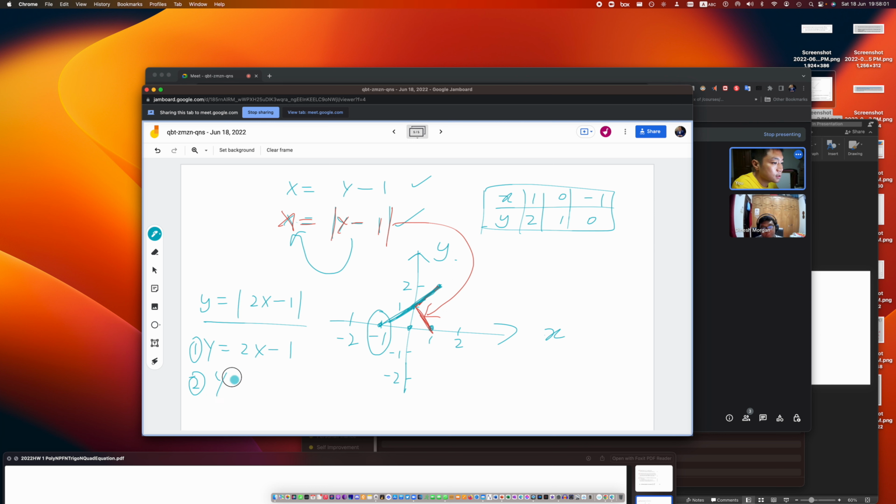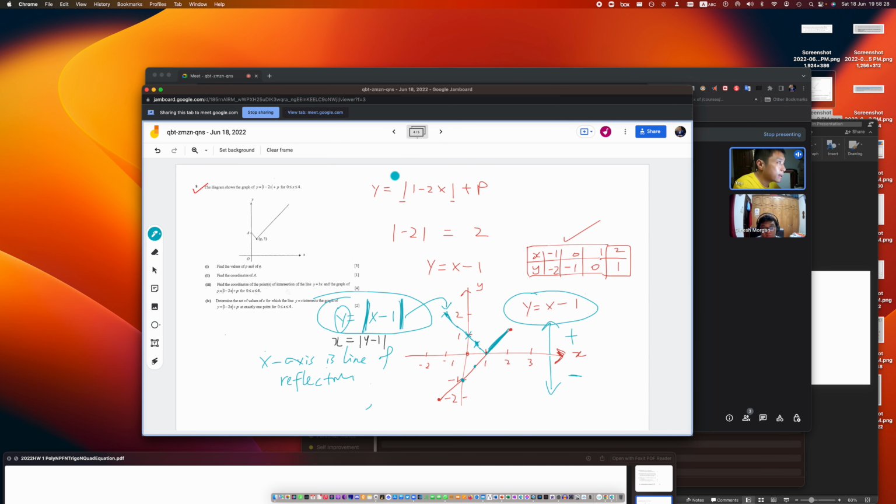Step 2 is you go and reflect accordingly. Either along the x-axis most of the time, depending on which value it affects.